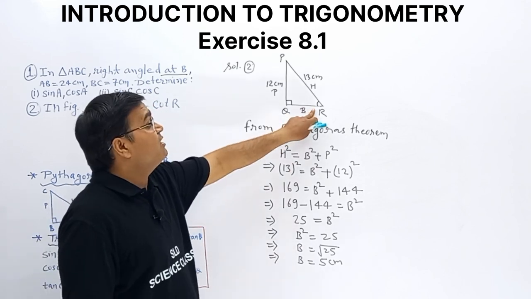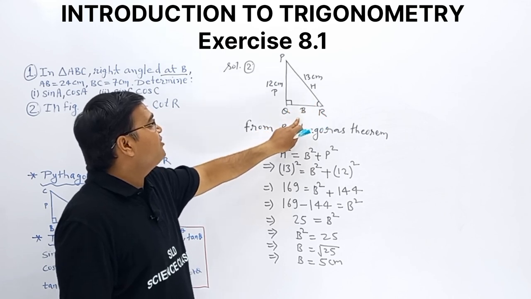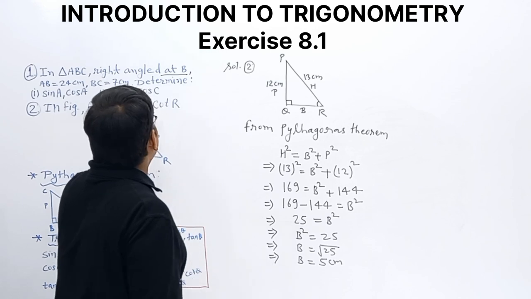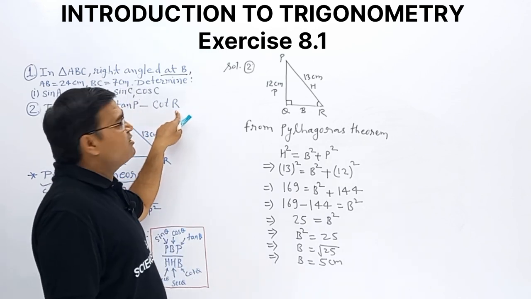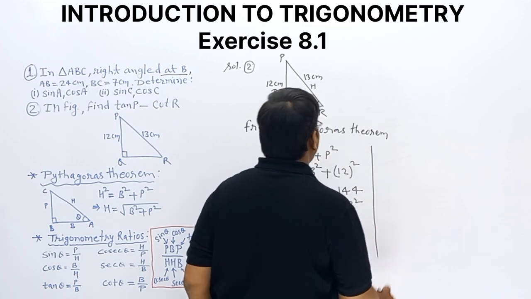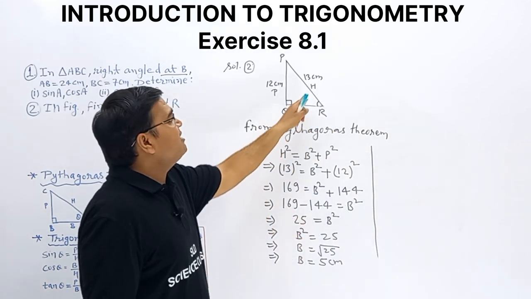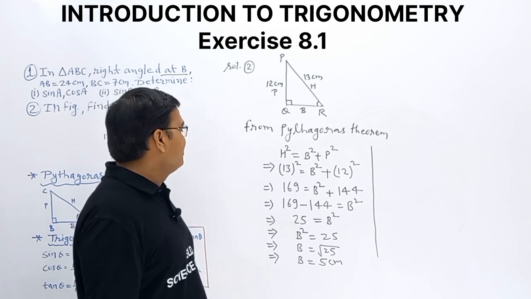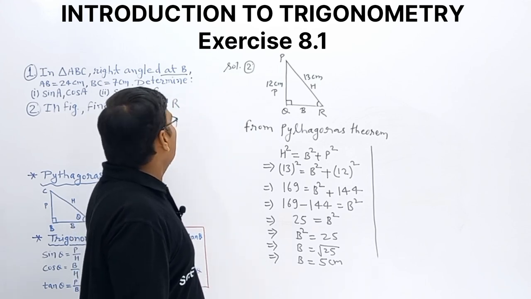Once we consider acute angle R, then its base is this one. Now in this we have cot R. Once the base is found, observe, we have all sides: perpendicular, base and hypotenuse. Now we want the solution of this one.